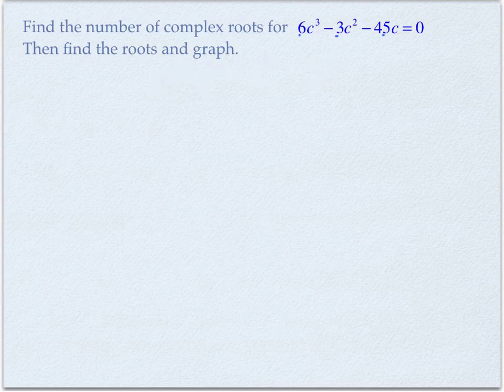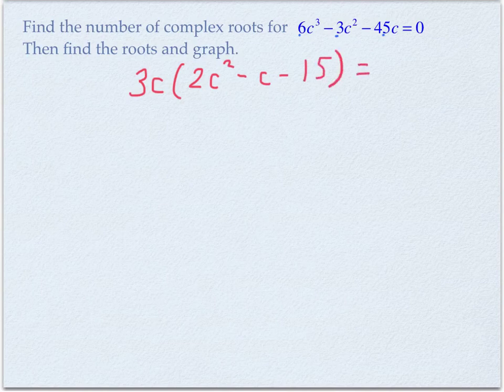Not only do I have a common factor of 3, but I also have a common factor of a c in there, don't I? So I can factor out not only a 3, but a 3c. So then I have 2c squared minus c minus 15, all of that equaling 0.